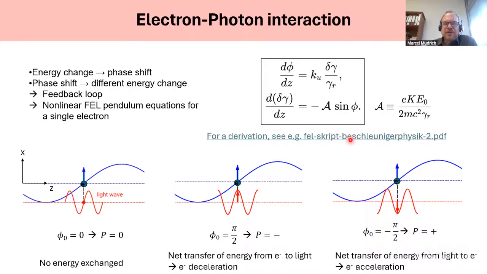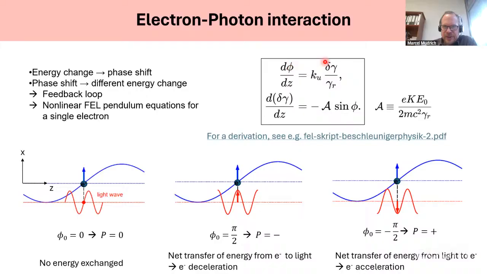We can derive a set of coupled differential equations. These are just first order differential equations that couple the phase phi and the Lorentz parameter gamma, which is proportional to the energy of the electrons.